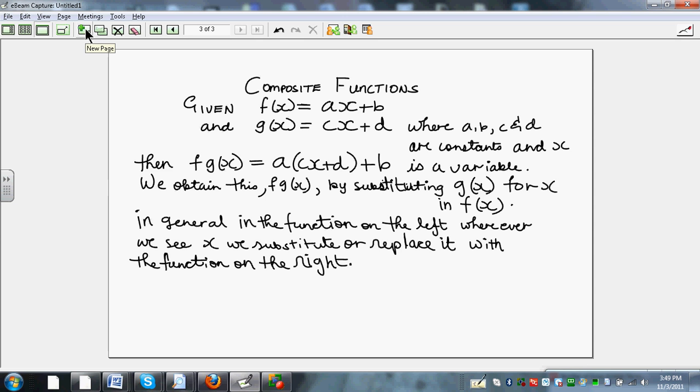So this is the general form of what the functions could look like.